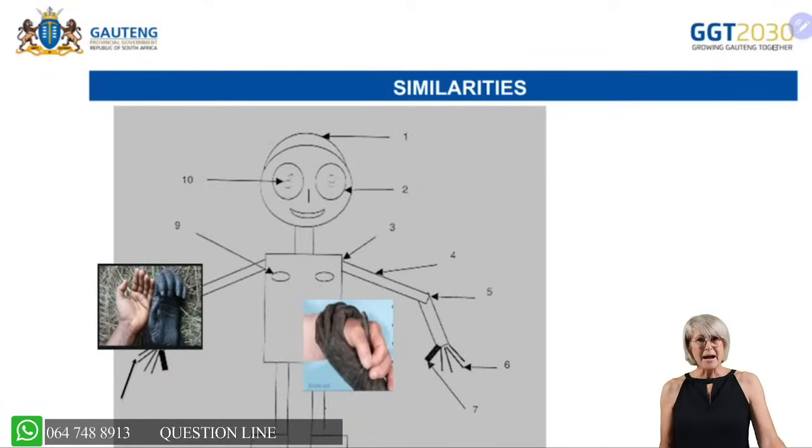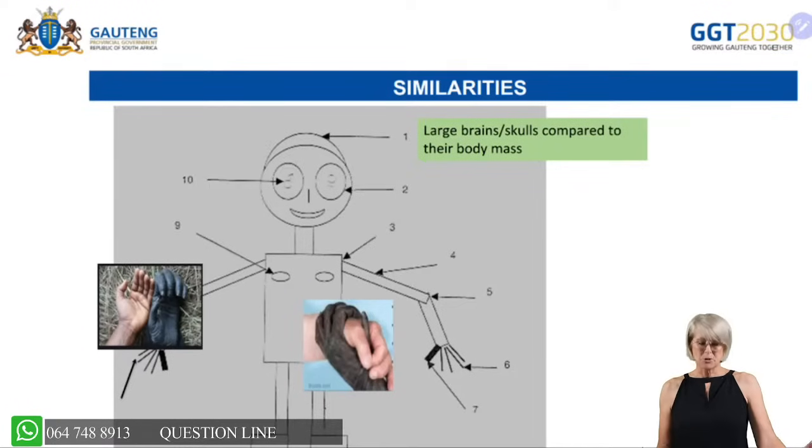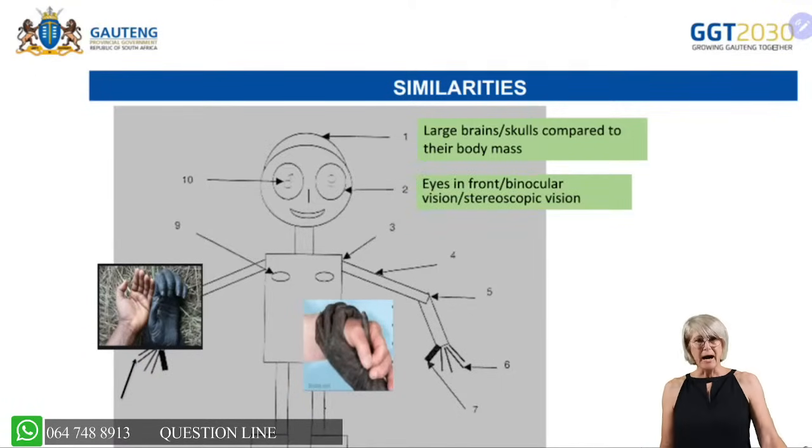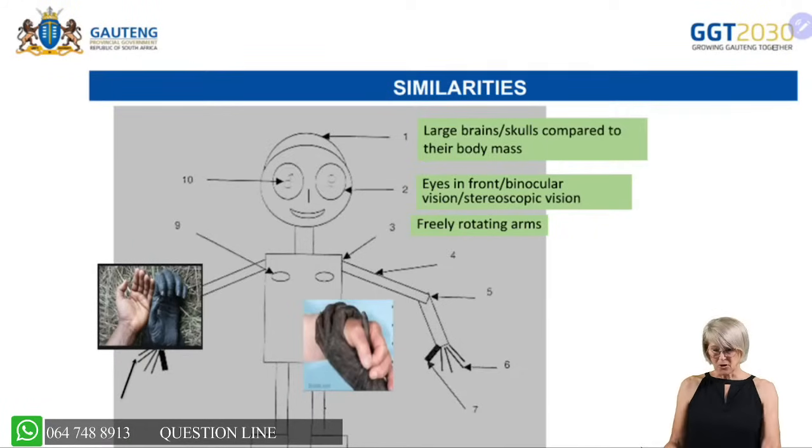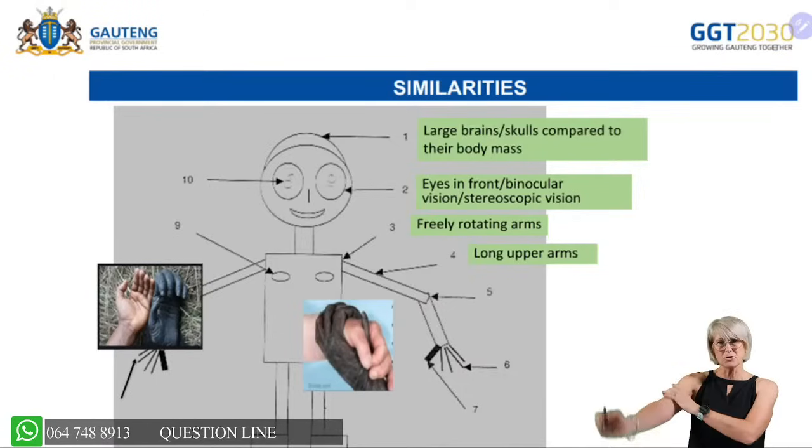Right, then the similarities, and this is very important, you must know them. The first one between humans and African apes is that we have large brains or skulls compared to the body mass. Also the eyes are in front, we have binocular vision or stereoscopic vision, freely rotating arms, long upper arms. Okay, it's not the upper limb, because remember your whole arm is your upper limb. It's just the upper part that is lengthened.